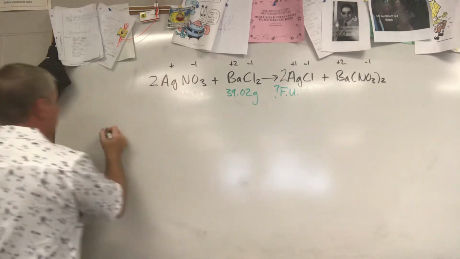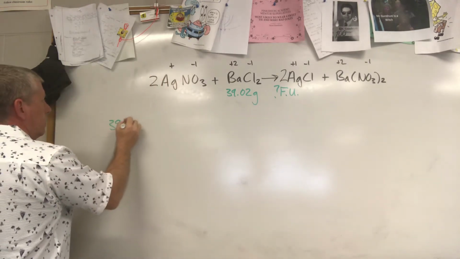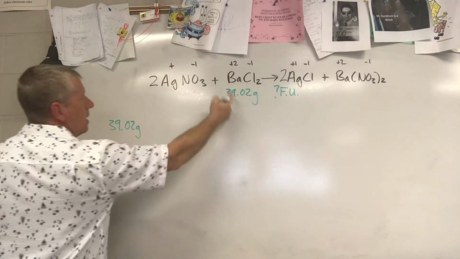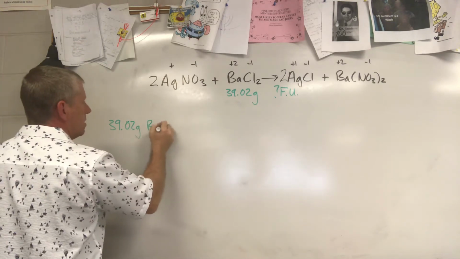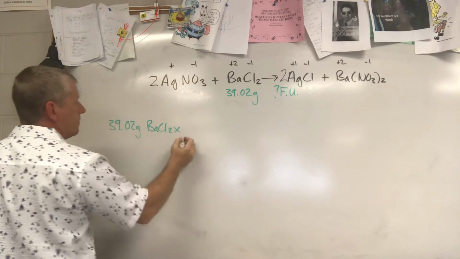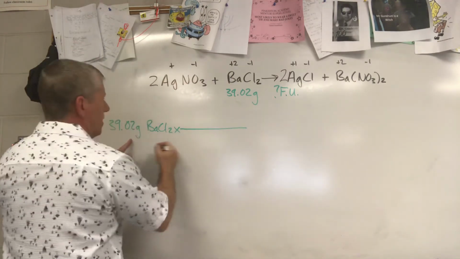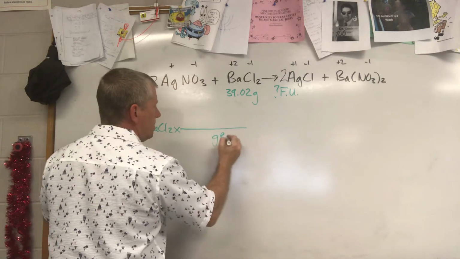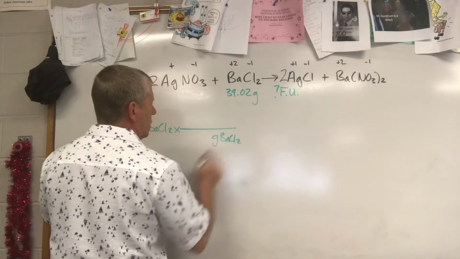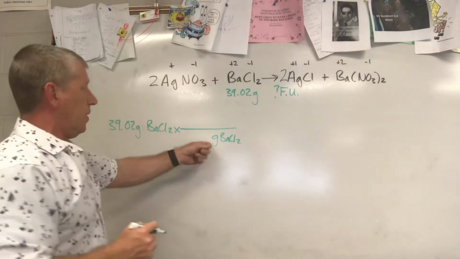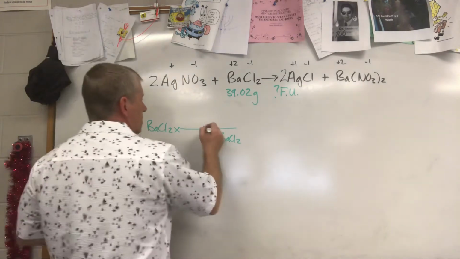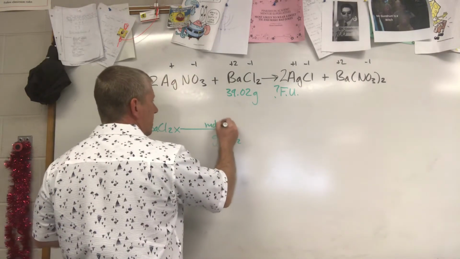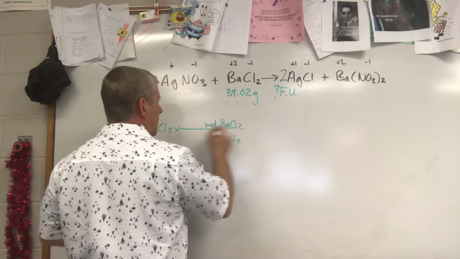39.02 grams of the barium chloride, with grams of barium chloride on the bottom. So grams got to go to moles. Moles of the barium chloride on the top, and the 1 goes next to the mole.